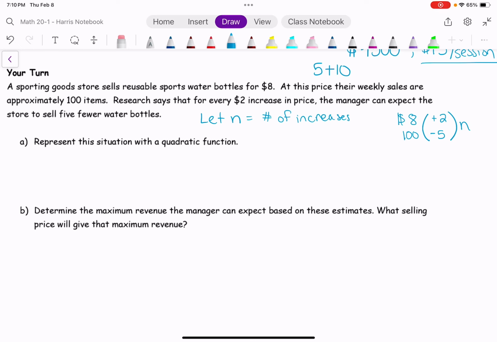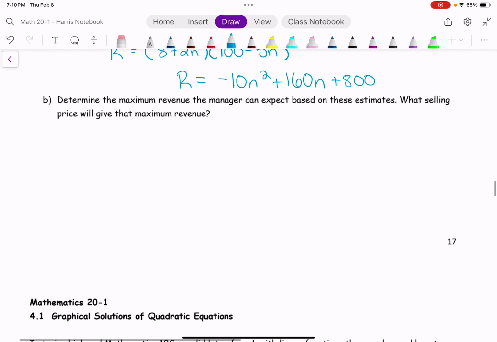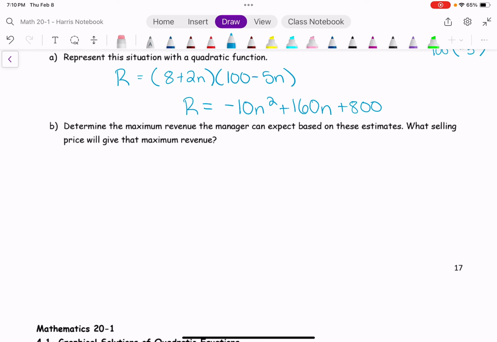So when I'm talking about revenue, it's going to be the number of items times your amount. So my revenue is going to be 8 plus 2n times 100 minus 5n. So my revenue is going to be negative 10n squared plus 160n plus 800. For determining the maximum revenue, you're going to take your formula and turn it into vertex form.